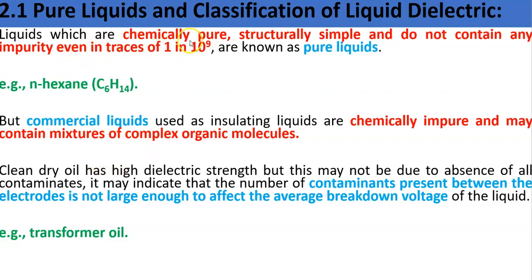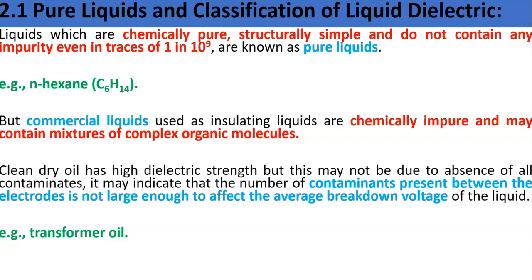Liquids which are chemically pure, their composition is pure. Then structurally simple, a simple structure, not too many molecules, not too many hydrocarbons, and the bonding is also simple. So the structure is simple and the chemical composition is pure. And they do not contain any impurity, even in traces of 1 into 10 raised to 9. What does traces of 1 into 10 raised to 9 mean? Imagine a liquid in a test cell.